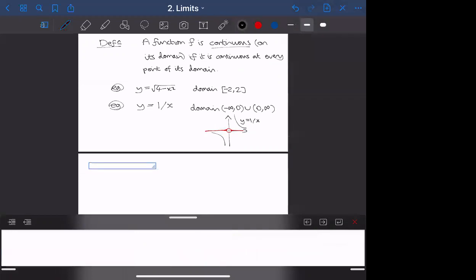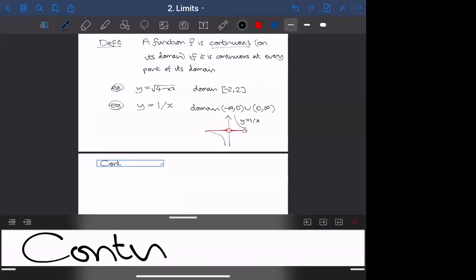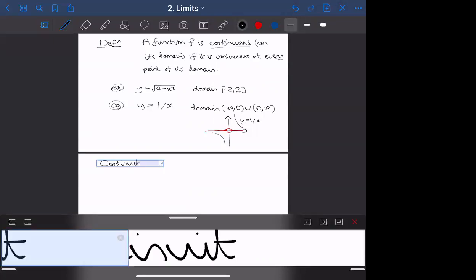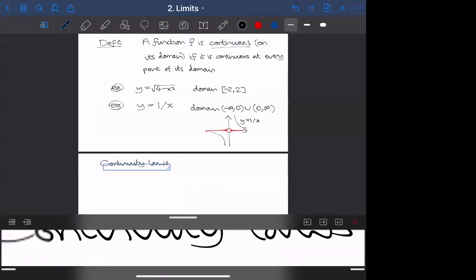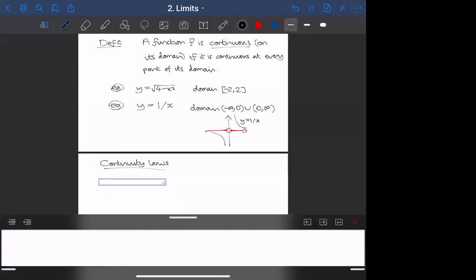Okay, so how to prove things like this? We can use limit laws. And they become continuity laws, some useful theorems for checking continuity. So I'm not going to write them out as a theorem, but I'm just going to explain what is true.